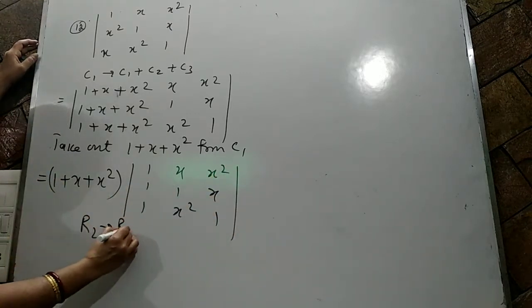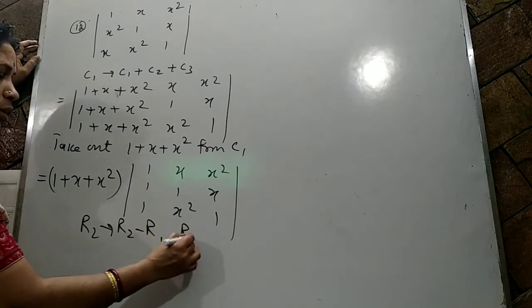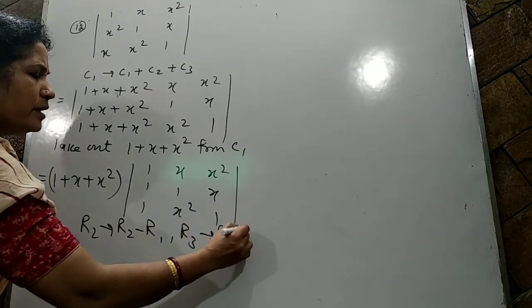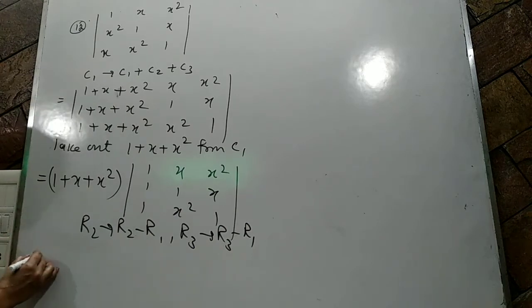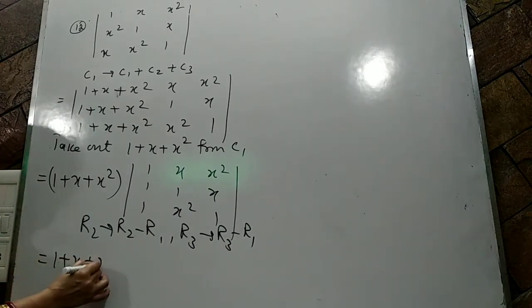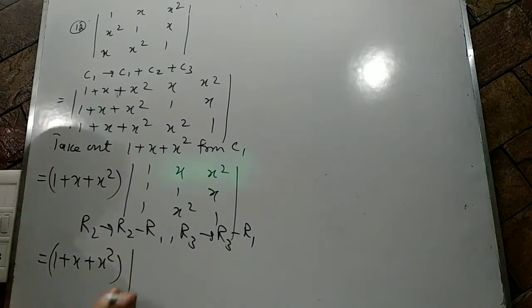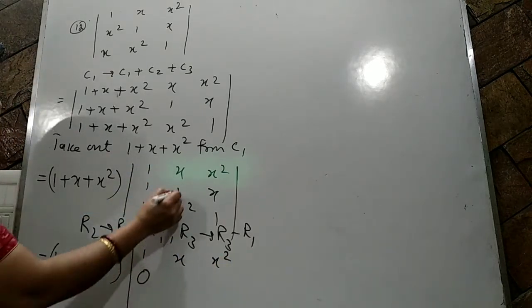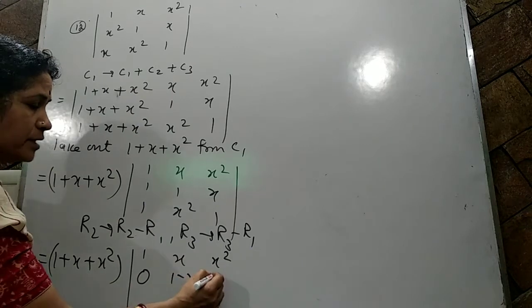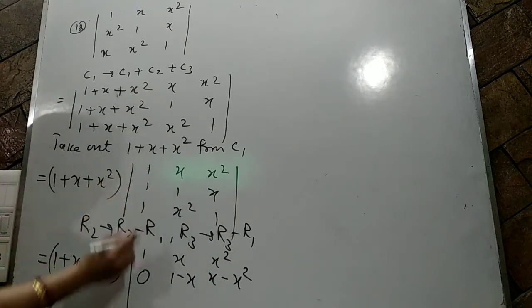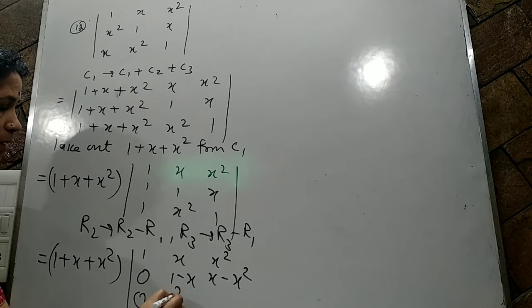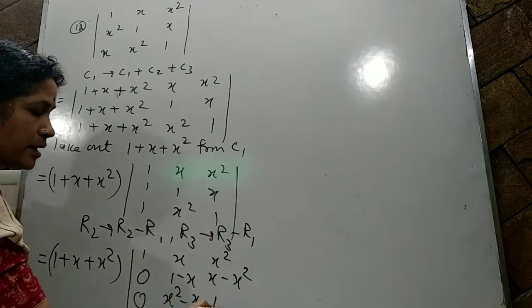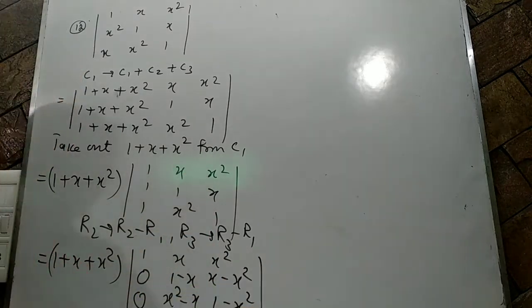R2 can be written as R2 minus R1, and R3 as R3 minus R1. Now if I do this, 1 plus x square into 1 x square, and then this minus the 0, 1 minus x, and then x minus x square, then this minus the 0, x square minus x, 1 minus x square, 1 minus x square.